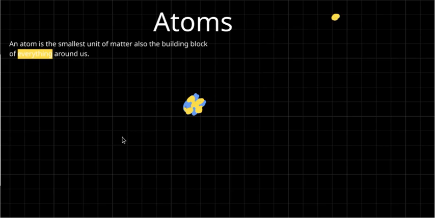Now let's make a key: these mean protons and these mean neutrons.